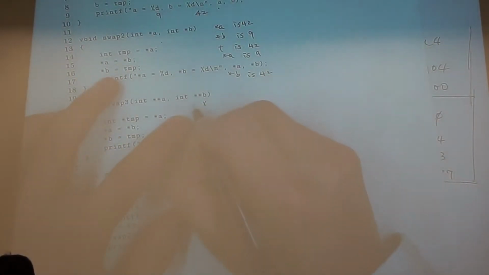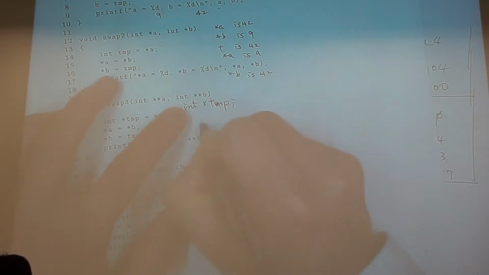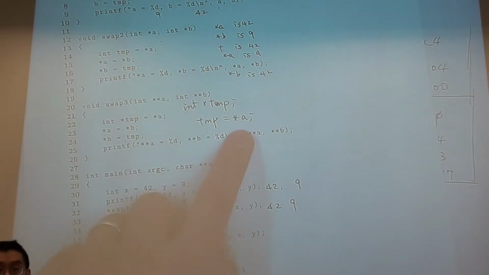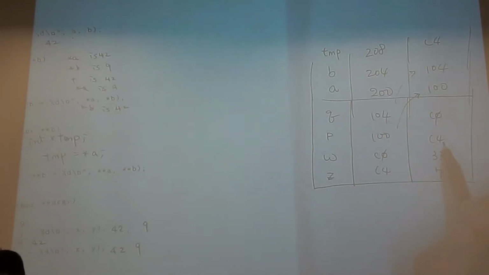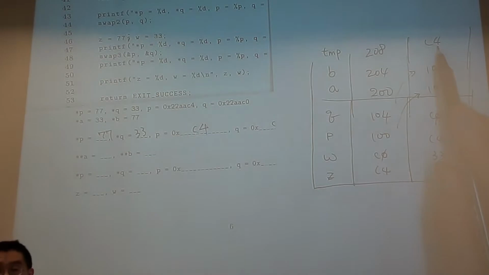This means integer star temp, and temp equal to star A. Star A means take the value as an address, read the value at the address. The value is 100. So I go to 100, read the value, that's C4, so temp is C4.